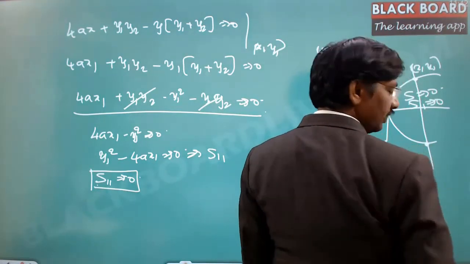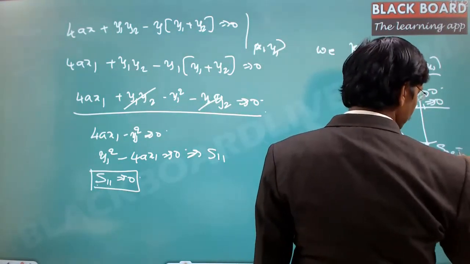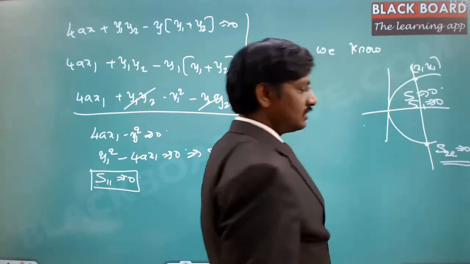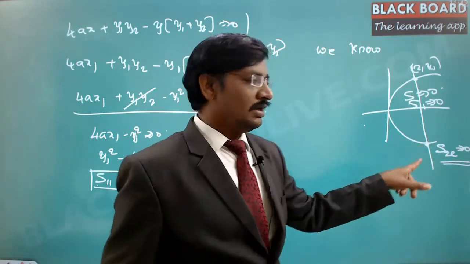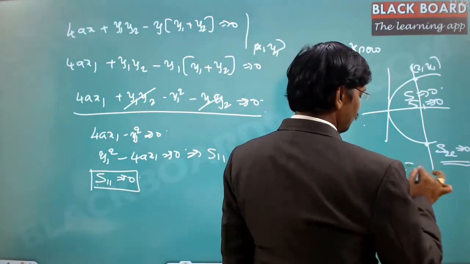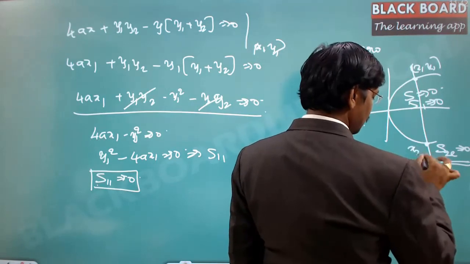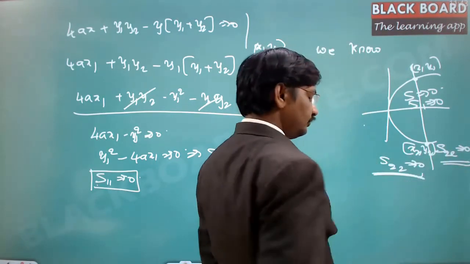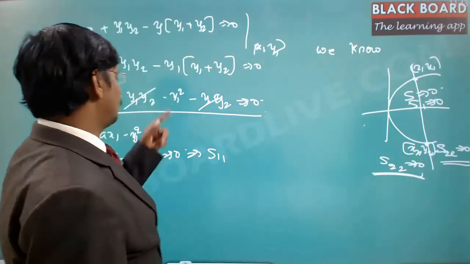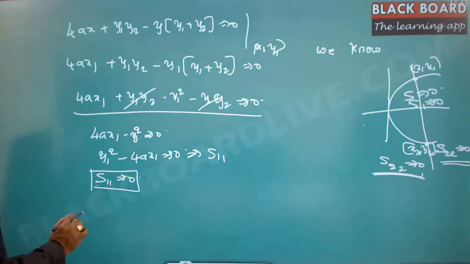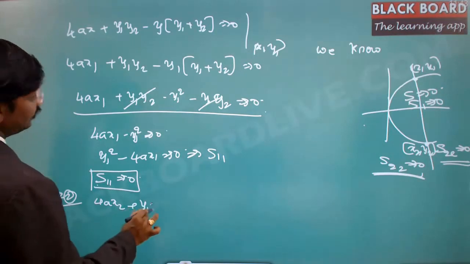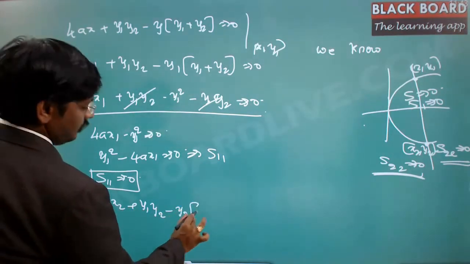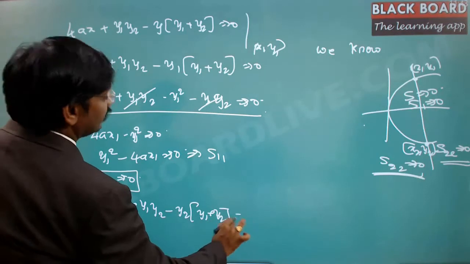Now there is one more point here. We know for sure that S22 equals 0. Why? Because S22 is nothing but a point on this particular curve itself. Hence the curve S22 will be equal to 0, as this point is x2 comma y2. Now if you put these values in the original equation of this straight line, 4a x2 plus y1 y2 minus y2 into (y1 plus y2) equal to 0.